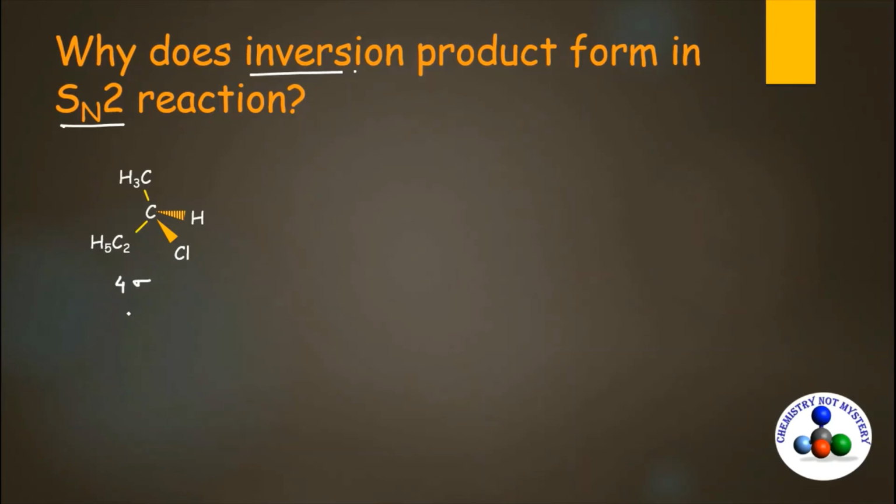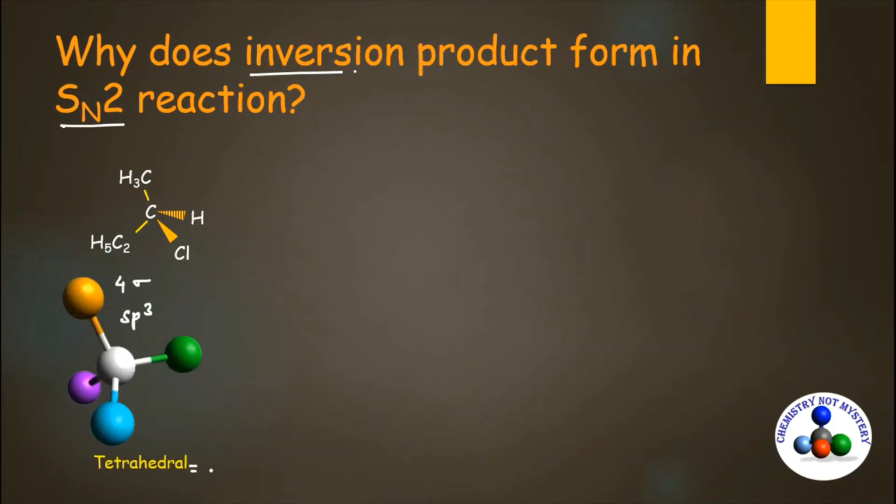So the hybridization of this carbon will be sp3 and the geometry of this carbon will be tetrahedral. Now when nucleophile OH minus tries to attack the same molecule, it cannot attack from the same side where Cl is bonded because it has to face repulsion from the Cl.